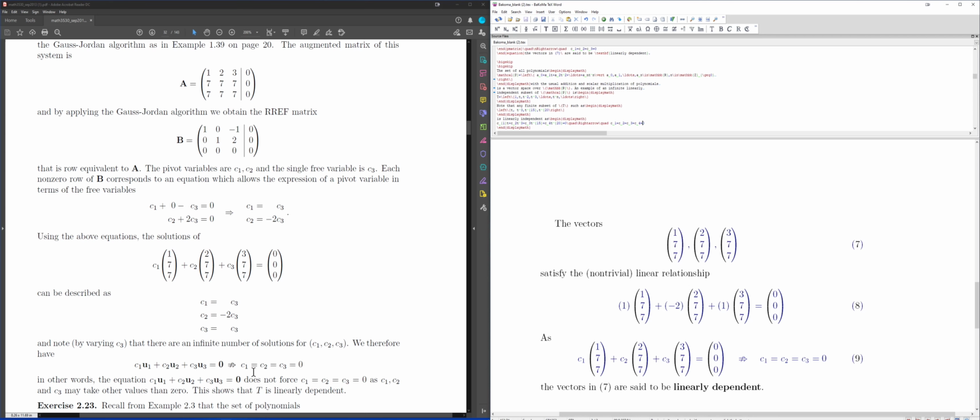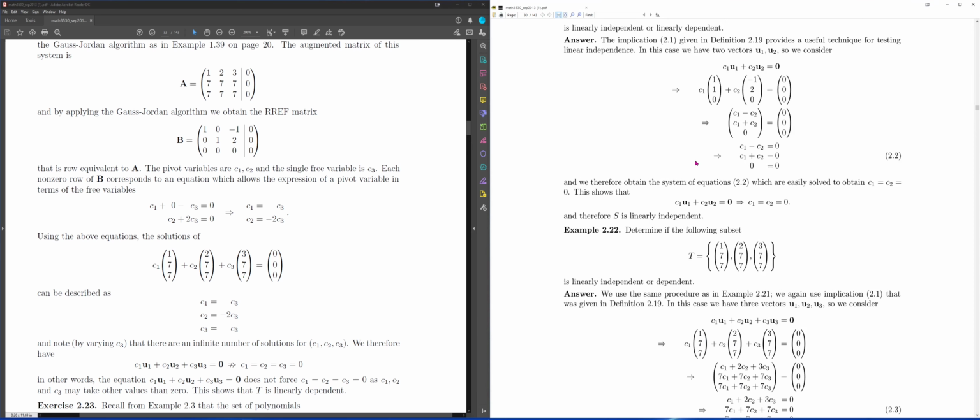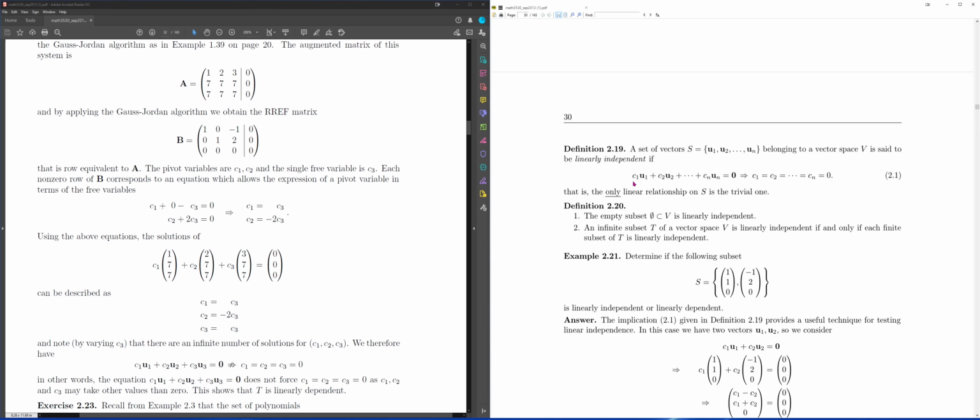So your solution is not the unique zero solution. Solutions for this could potentially include non-zero C1, C2, and C3, as over here 1, minus 2, and 1. So this implication, check over here.